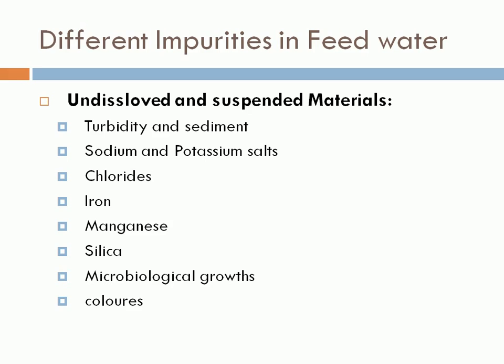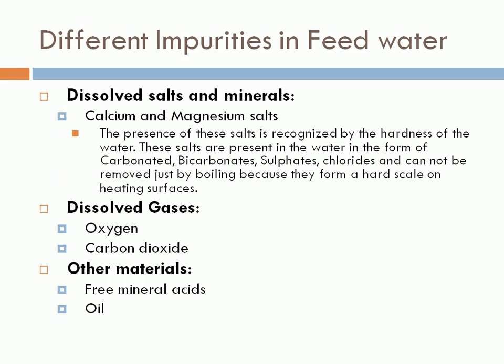So now you can see different effects of impurities in the feed water that we will discuss from the next slide. But here, dissolved salts and minerals, you can see the calcium and magnesium salts. The presence of these salts is recognized by the hardness of the water, and the salts are present in the water in the form of carbonates, bicarbonates, sulfates, and chlorides, and cannot be removed just by boiling because they form a hard scale on the heating surface, right?